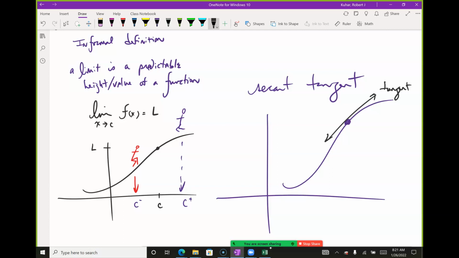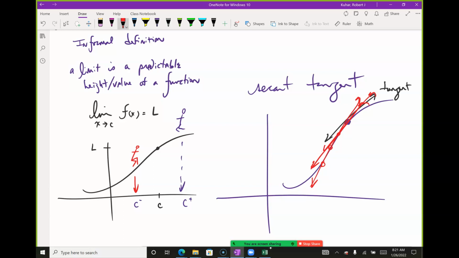Now I don't know how to calculate that slope yet, and that's what the first part of this course is about. But if I can pick some other point on the curve and then move that other point closer, you can see that my secant lines are getting the slope closer and closer to the slope of the tangent line.